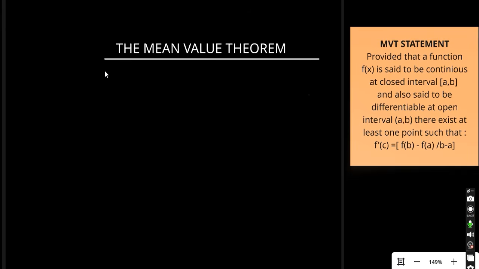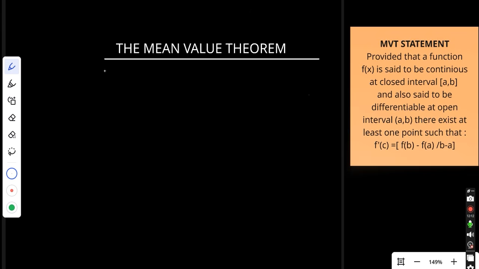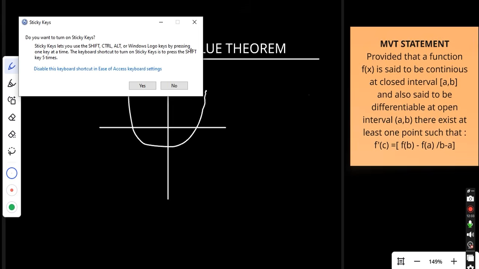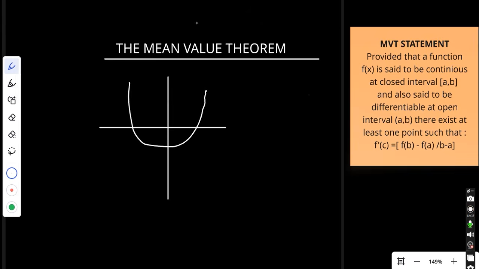So we've talked about continuity and differentiability. Now let's look into the mean value theorem. Let's have a function for a quadratic equation, something looking like this. We have the slope of the tangent line, and we also have the slope of the secant line.